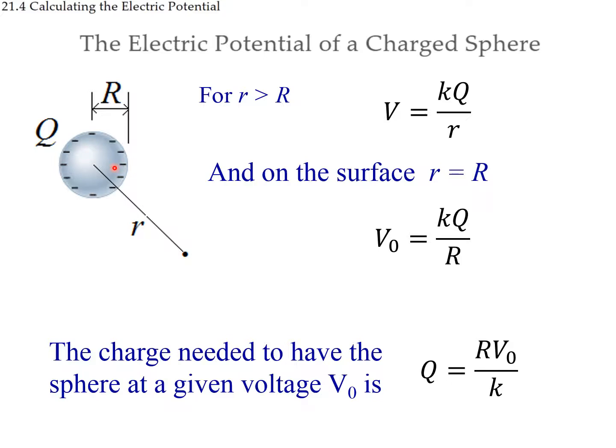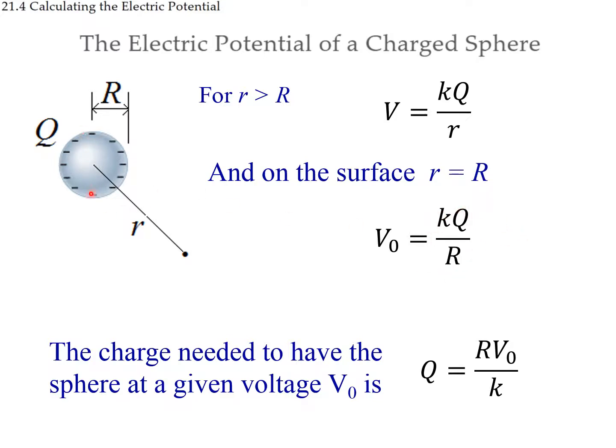Remember, V equals the field times the position. In this case, the field is zero, a uniform field equal to zero. Because of that, all the points inside are going to be exactly the same voltage as the points on the surface. And so the inside is going to be the same as this.